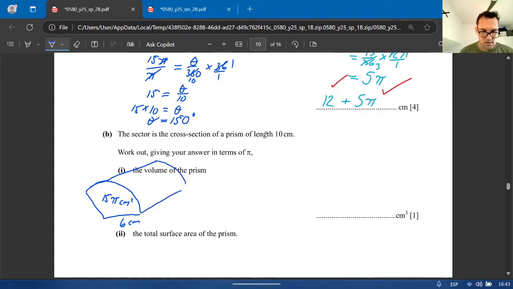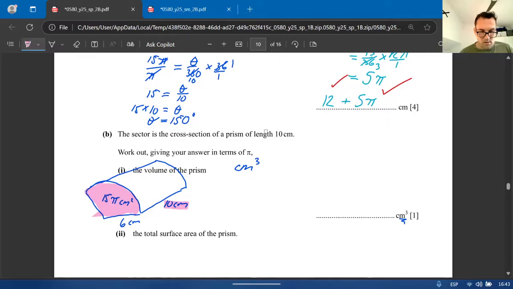It's now like an elongated prism with a length of 10 centimeters. Now remember, volume is measured in centimeters cubed, like they tell us there. The volume of any prism is the area of the front face, which is this, times the length.